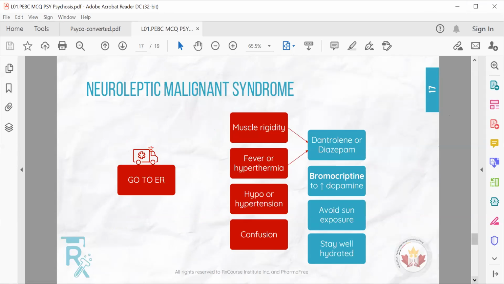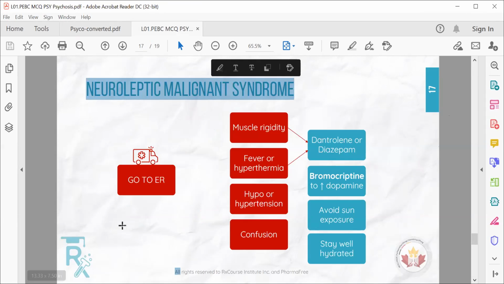Okay? Okay. The last thing here is neuroleptic malignant syndrome, NMS. It's one of the side effects associated with antipsychotics. If it happens, you have to go to the emergency room right away, right away. What is neuroleptic malignant syndrome? The patient might tell you, I have fever.